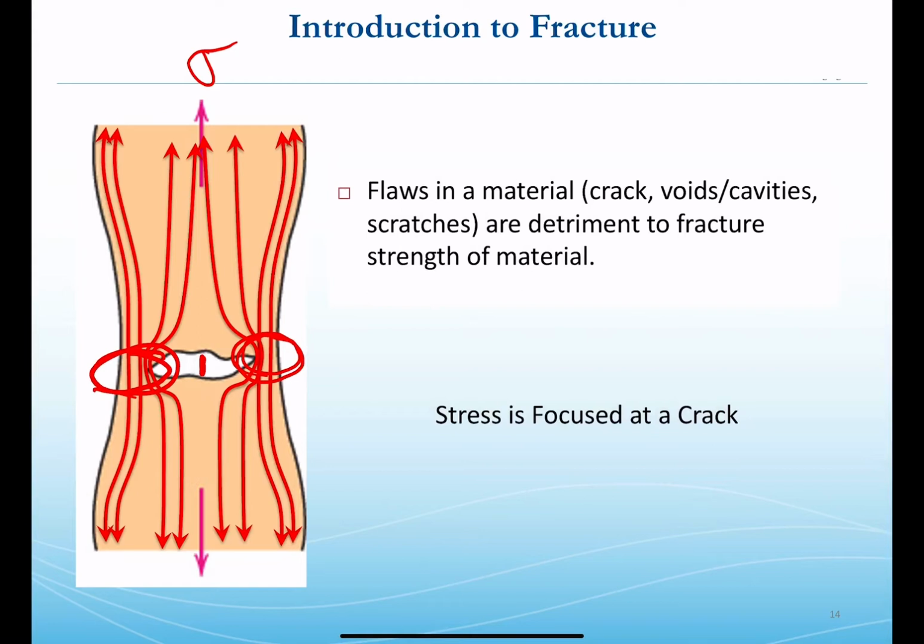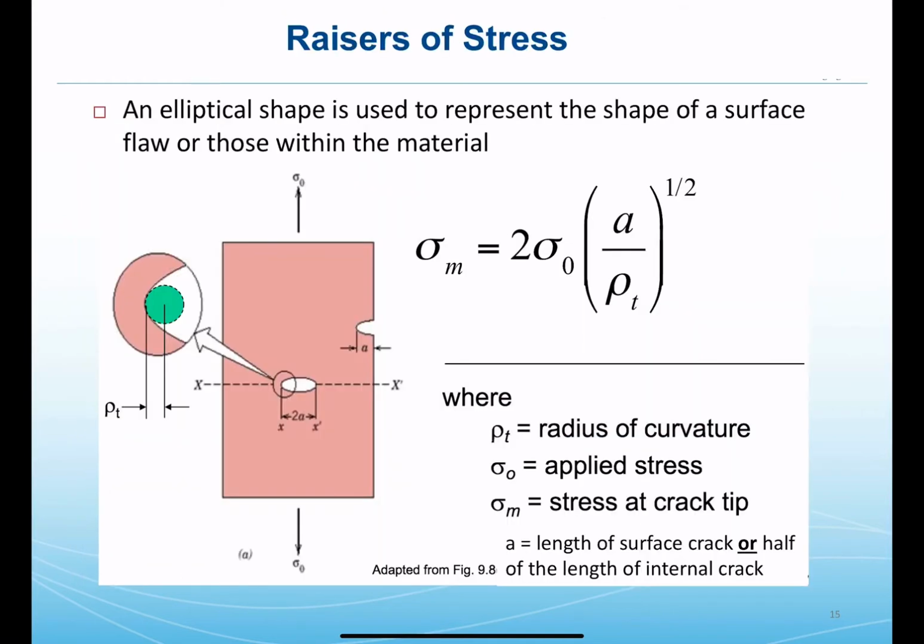Okay, so like Da Vinci had noticed, flaws in the material are detrimental to the fracture strength of the material. And so clearly flaws like internal voids or internal particles or even surface flaws are going to focus stress at the head of these cracks. So let's use that idea to build up our model for this.